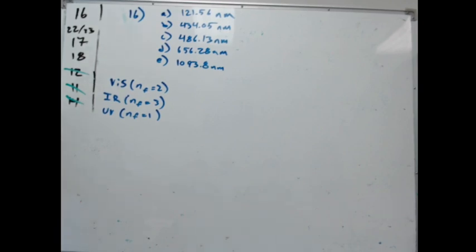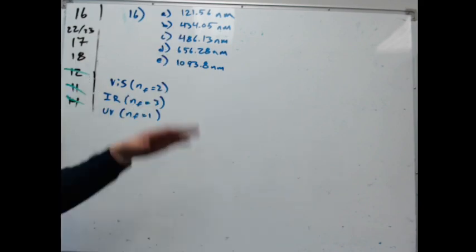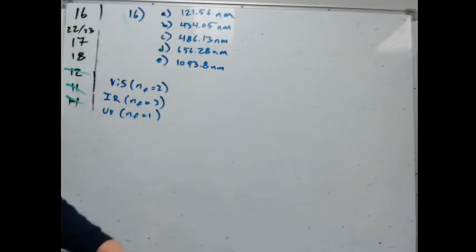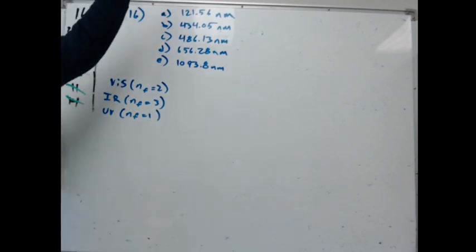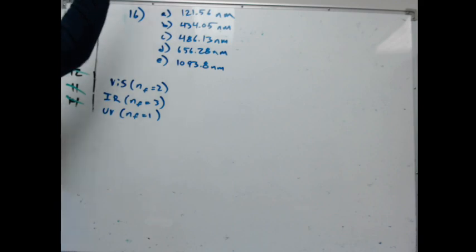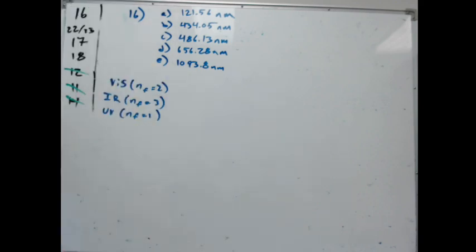Ultimately, we could go back to the equation for an energy level in a hydrogen atom and just calculate all of the possibilities. Calculate all the possible energies for n equals 1 all the way up to n equals 6 trillion. It might take us a bit. And then calculate all of the differences and say, which ones correspond to visible, which ones correspond to infrared, which ones correspond to ultraviolet.